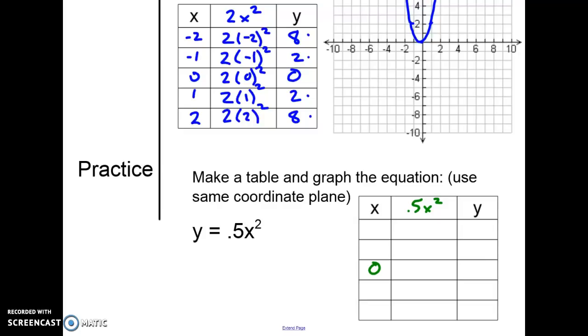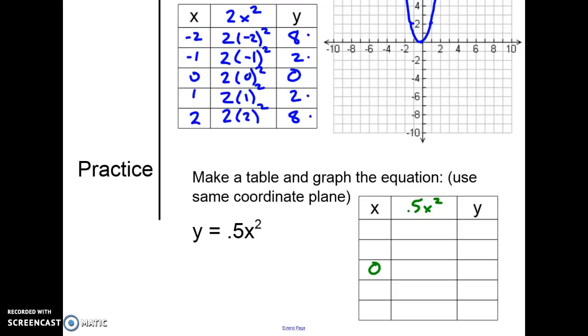So if we plug a 1 in, 1 squared would be 1, and then you're taking a half of that, which you can, but plotting half of points on a grid is a little bit tricky. So now what we want to do is we want to be plugging in things that we know that we can take half of.